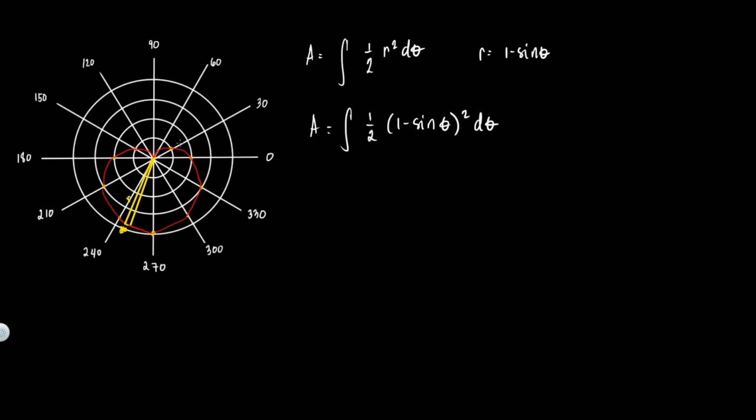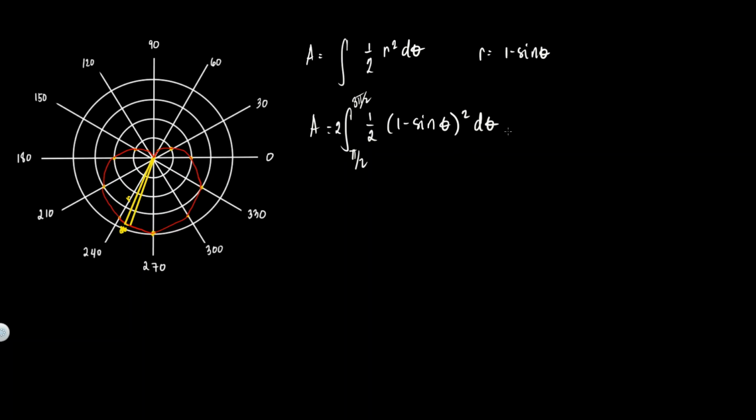Anong limits natin? So, limits from pi over 2 or 90 degrees up to 270 degrees, no? Then multiply by 2 na lang, kasi kalahati lang yung nakuha natin, no? So, limits from 90 to 270 degrees, or pi over 2 to 3 pi over 2. It's 270 degrees. Kalahati lang yan, so multiply by 2.